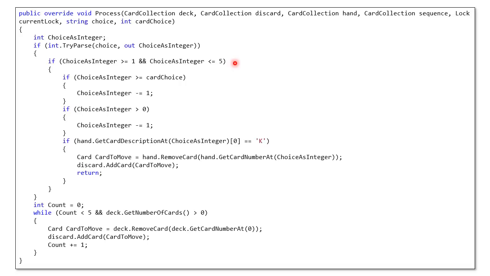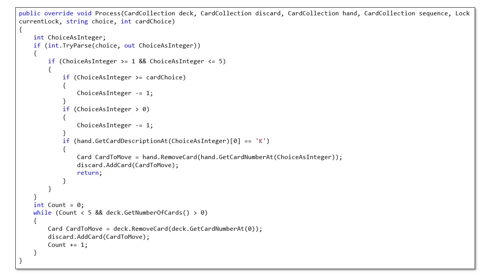Note that choice could be a number or it could be the letter D for discard. So it doesn't do this next bit if it wasn't an integer value that was passed in. If you'd given the letter D, for instance, it wouldn't be able to convert it, so it wouldn't bother checking if it was between 1 and 5, because presumably you've entered a D instead.